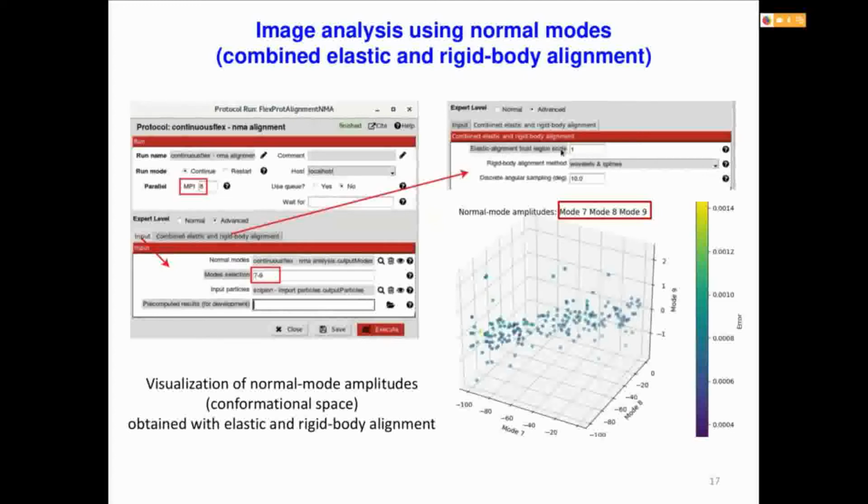Because we use the trust region Powell method for elastic alignment parameters optimization, there are some parameters that are hard-coded in the code that control the convergence of that optimization method. And here we provide just one scaling parameter to scale the initial value of the initial trust region radius.